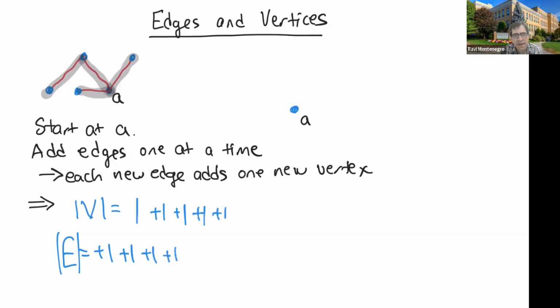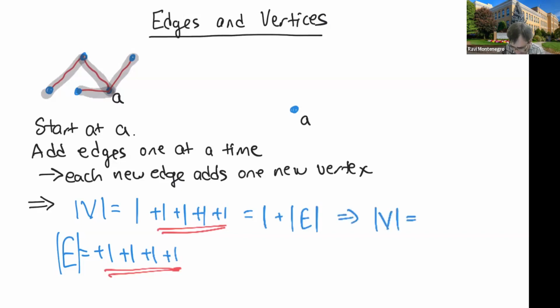We'll notice that every time I added an edge, I also added a vertex. And so that shows us that in total, we have that first vertex A, and then exactly the number of edges after that. So from this, we can conclude that in a tree, the number of vertices is 1 plus the number of edges.